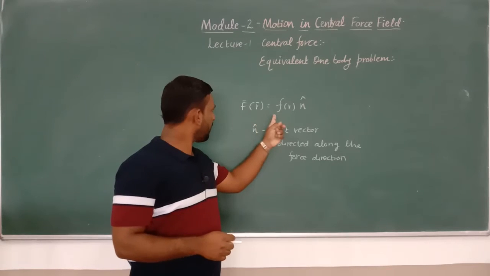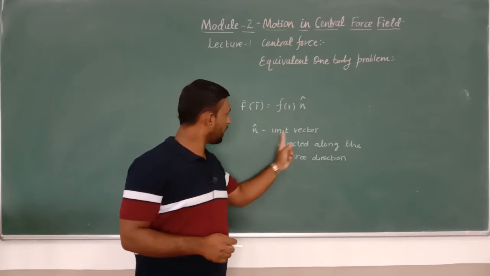So F bar is equal to F of R n cap, since n cap is a unit vector.